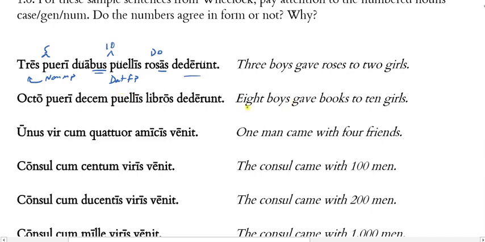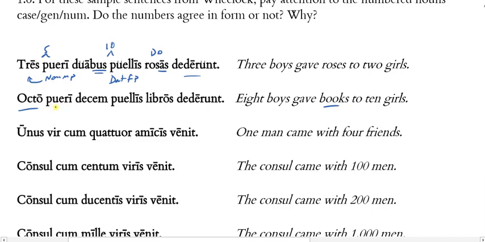Now, this second sentence is basically the same as the first, except we have different things given. Books, libros, instead of roses being given. Boys are still giving to girls, so these are still nominative versus dative feminine plural. But notice that the numbers are different. It's eight boys that are doing the giving.